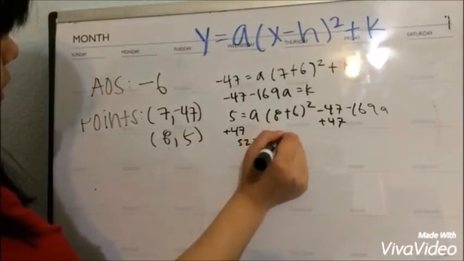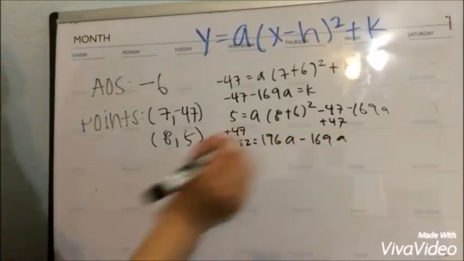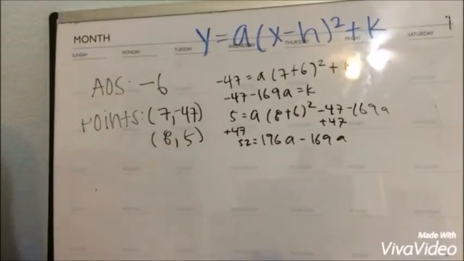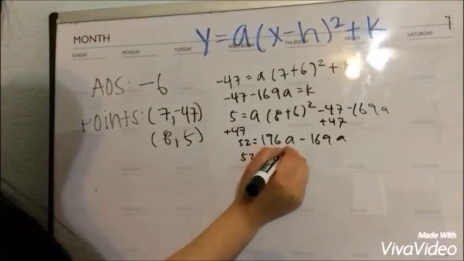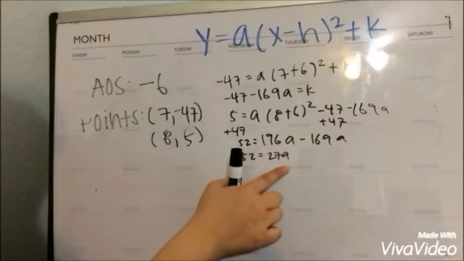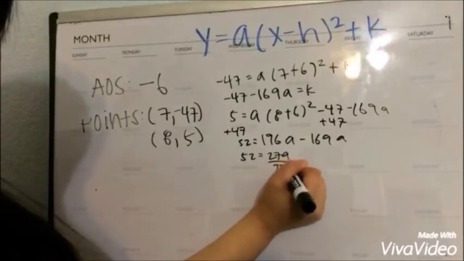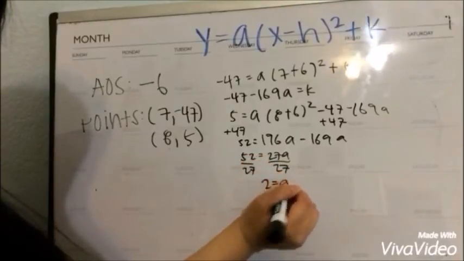So we would get 196a minus 169a. 196 minus 169 equals 27. So 52 equals 27a. Since we're trying to find a, we have to get a by itself. So divide by 27 and it will equal 2.